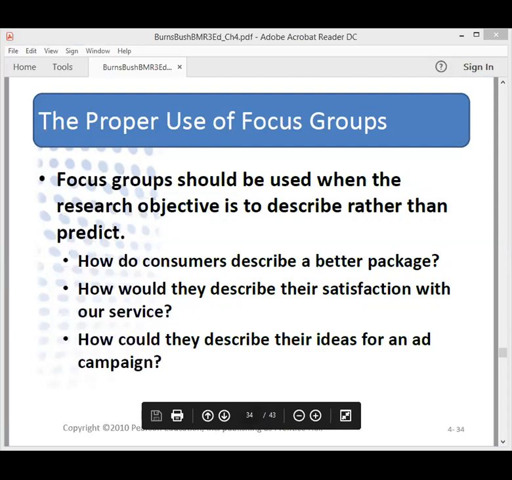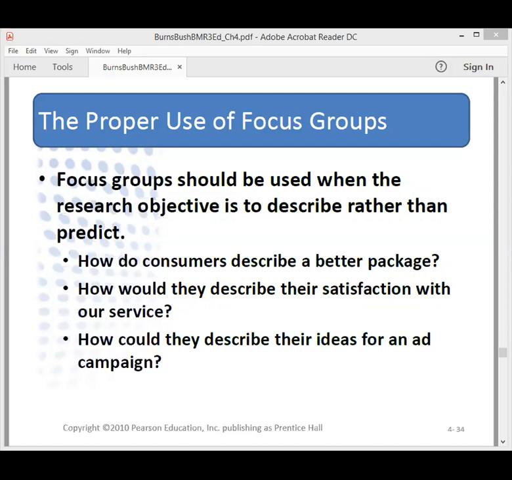So focus groups should be used when the objective is to describe rather than predict. How would consumers describe a better package, their satisfaction with the service, or their response to an ad campaign?